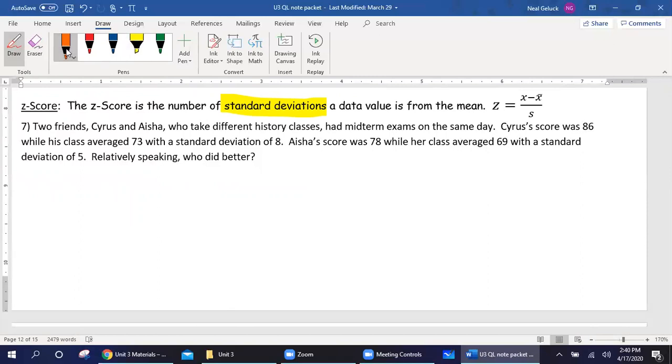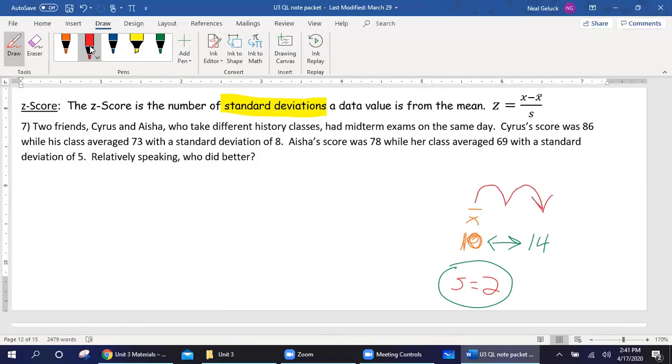So, for example, don't worry about writing this, but let's say that the mean for some data set was, we'll make it easy, 10. Let's say the standard deviation, S, was 2. If I said, hey, what is the z-score for the number 14? Well, the question is, how many standard deviations is 14 from 10? Well, each standard deviation is 2, so 1 standard deviation, 2.